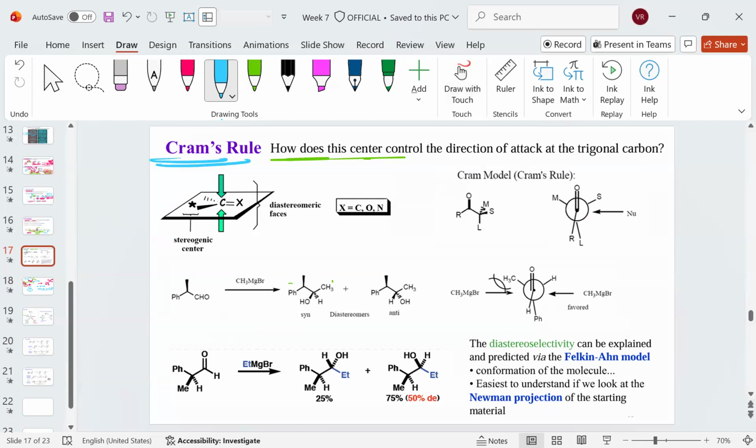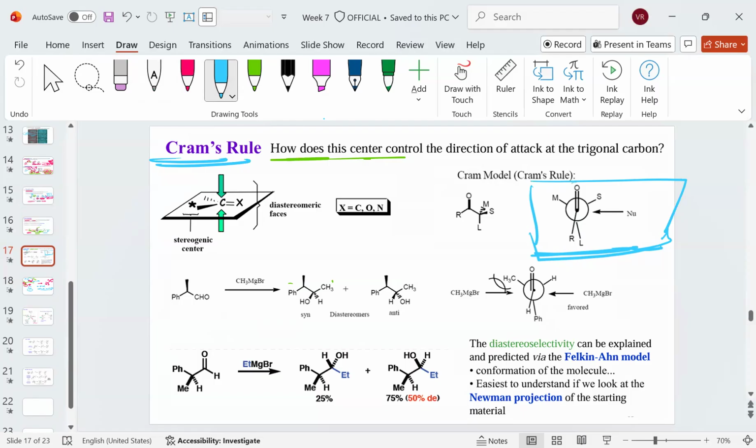And in this Cram's model, what do we have to do? We have to write down this molecule in such a way that the carbonyl center is in the plane. This vertical axis represents the plane.